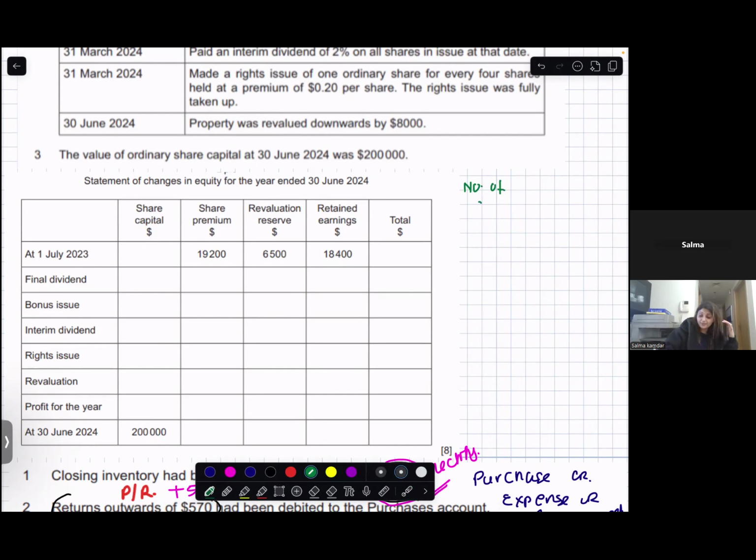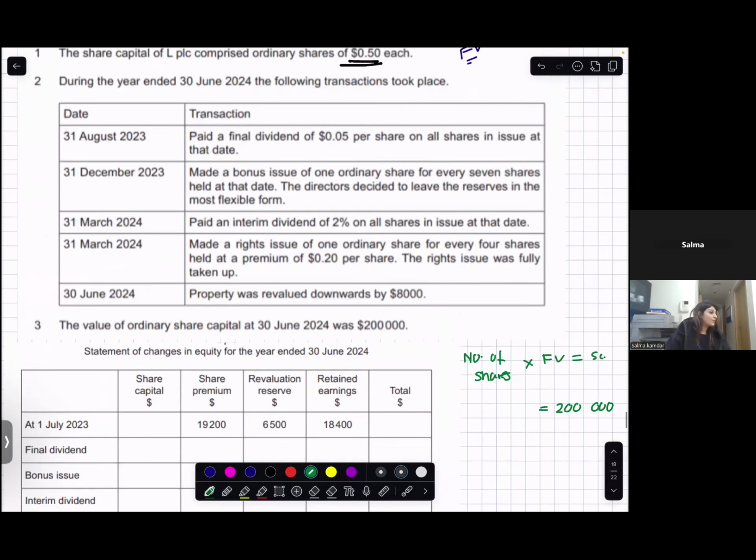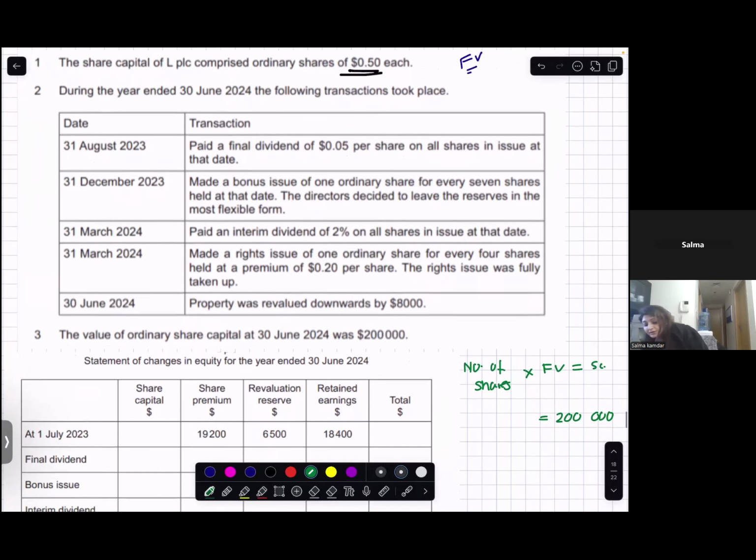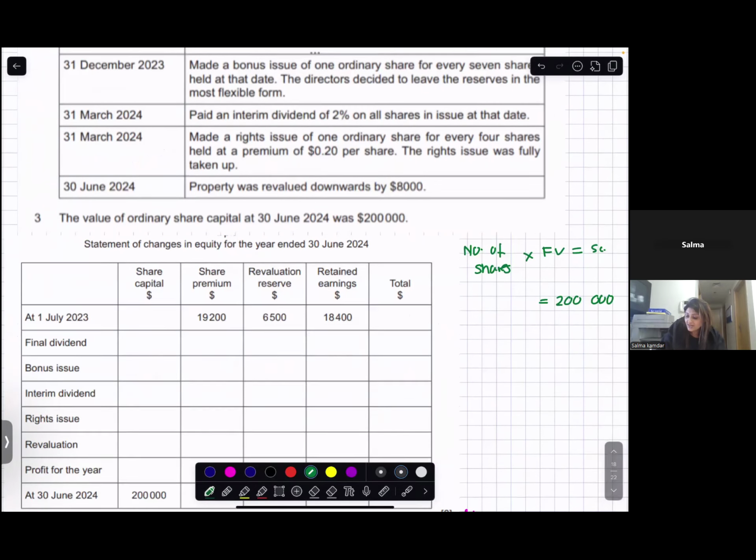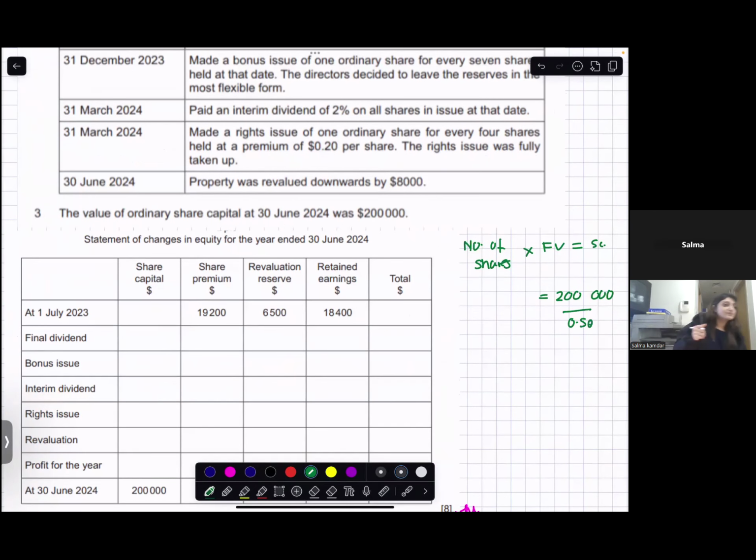The formula is number of shares into face value will give you share capital. From the share capital, you can find the number of shares with you on the last date. So on the last date, the number of shares with me is 200,000. Face value was how much? 0.50. So on the last date, the number of shares with me was how much?